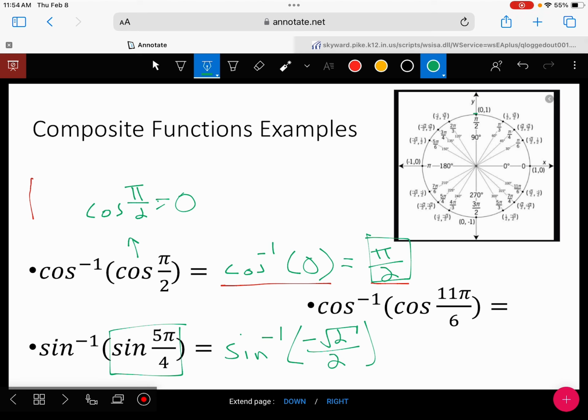Now we look at inverse sine of negative root 2 over 2. Inverse sine, we're restricted to quadrants 1 and quadrants 4. We got to figure out where that y coordinate is going to be equal to negative root 2 over 2. That's going to happen down here at 7 pi over 4. 7 pi over 4 is negative pi over 4.